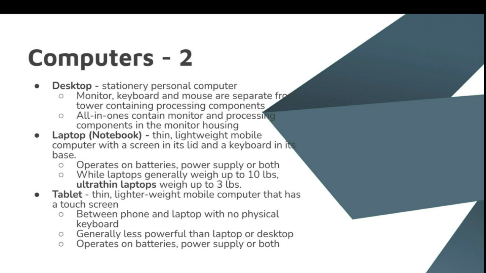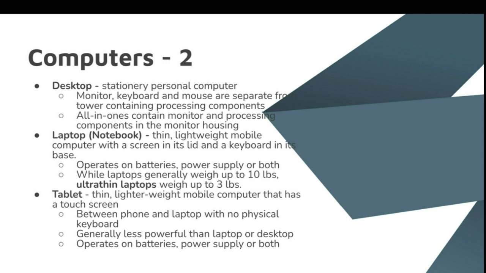So a desktop is basically a stationary personal computer. The monitor, keyboard, and mouse are separate. The tower contains all the processing components. An exception to this is an all-in-one, which contains the monitor and processing components.